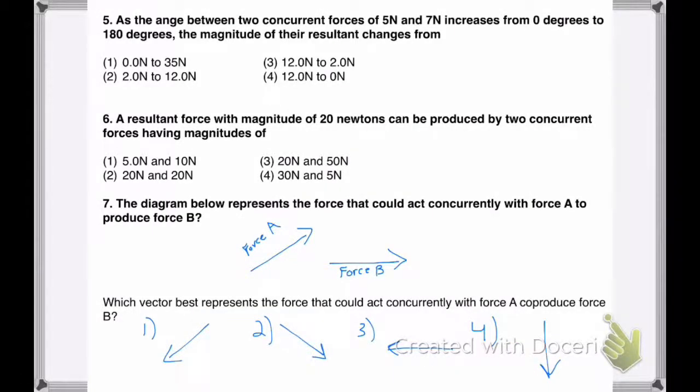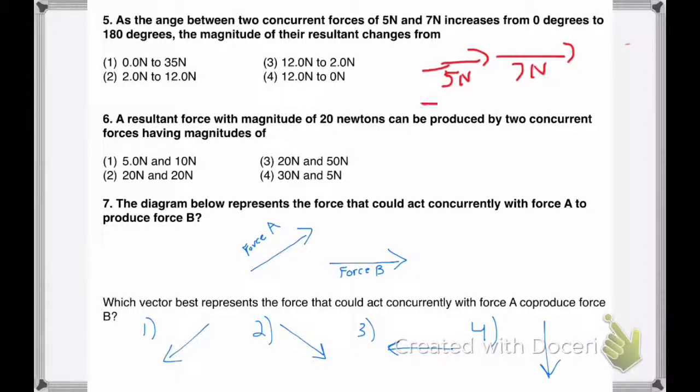Alright, question number 5 reads, as the angle between two concurrent forces of 5 newtons and 7 newtons increases from 0 degrees to 180 degrees, the magnitude of their resultant changes from. Okay, so we can see at 0 degrees, we have 5 newtons and 7 newtons.